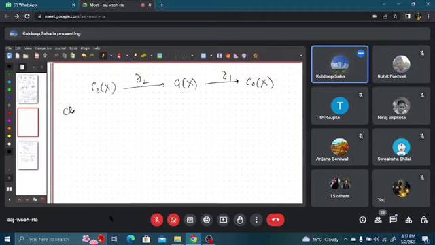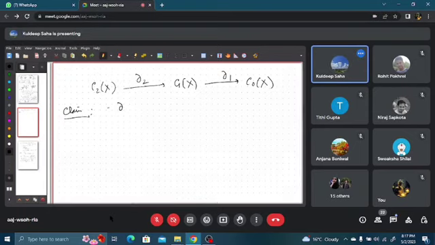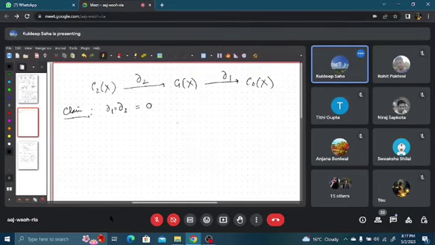My claim is that I can compose these two maps to go from C2x to C0x, and delta 1 composed with delta 2 is actually 0 in C0x.